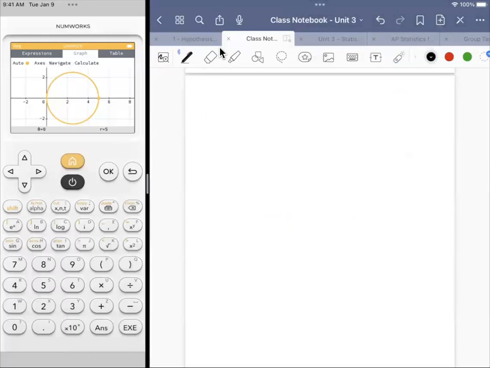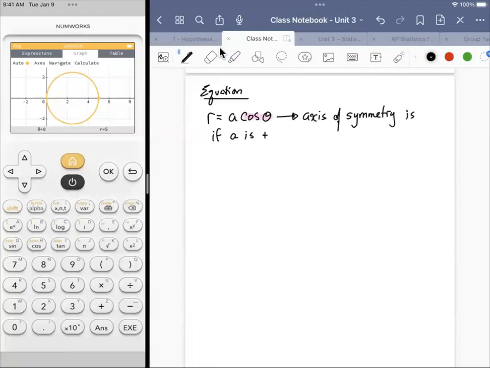If I have an equation in the form of r equals a cosine theta, even before I get to that, the cosine theta means that its axis of symmetry is the x-axis.